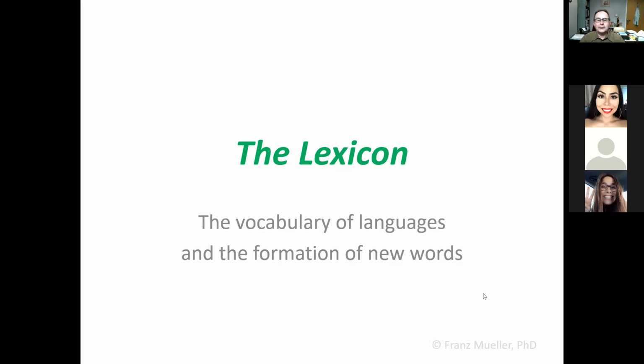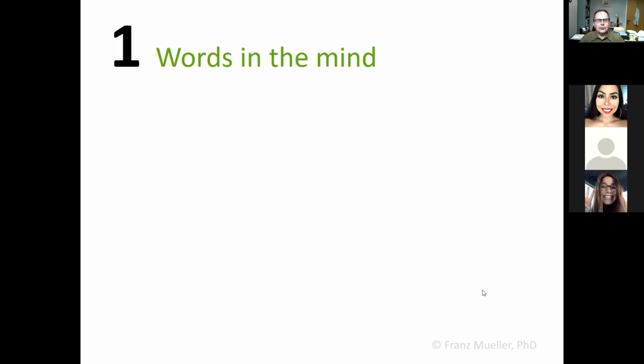So we'll talk about the vocabulary of languages and where languages get new words from. And again, the basic thing to remind ourselves of is that the vocabulary of a language does not reside somewhere in a library, in a printed dictionary or something like that. Instead, the vocabulary of a language exists in the minds of every person who speaks the language.